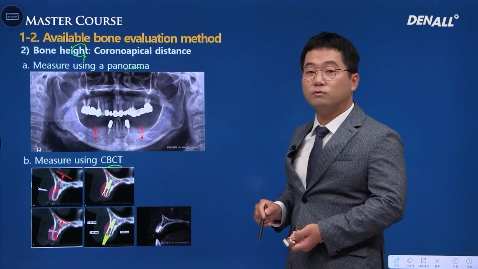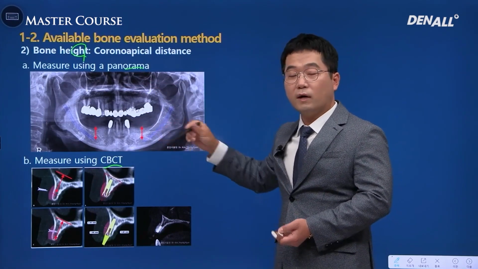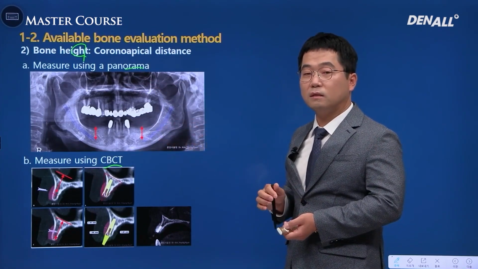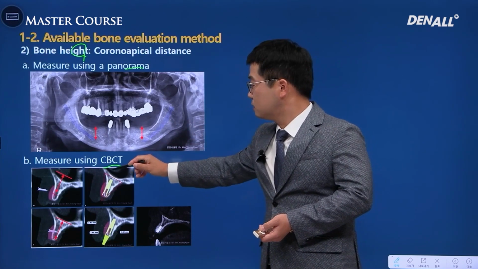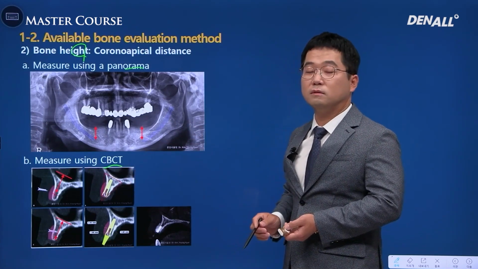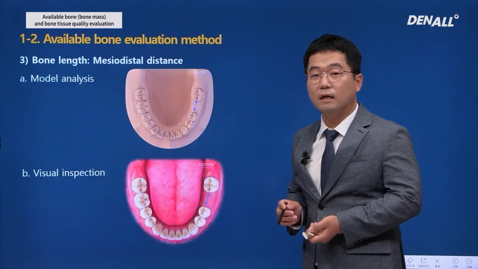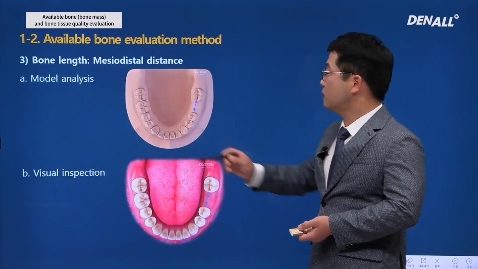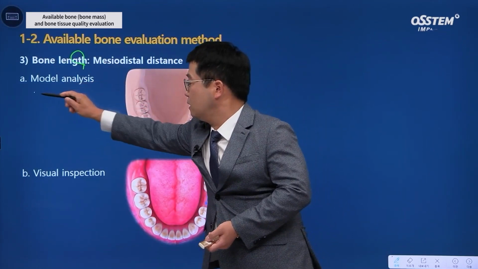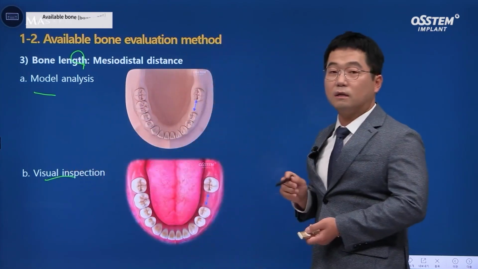You can evaluate using panoramic image or CT. Panoramic image is about 25% expanded image, and CT is almost the same as the exact thing. Finally, about bone length, you can do model analysis or do visual inspection.